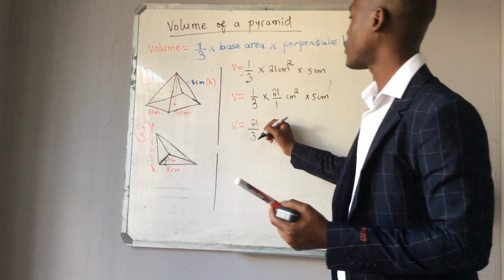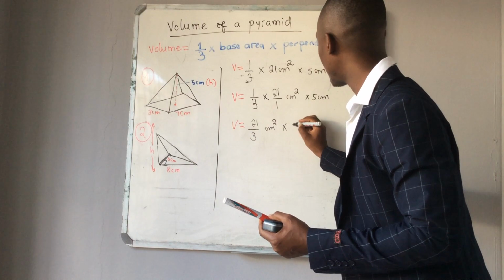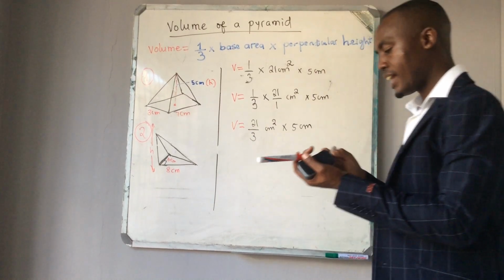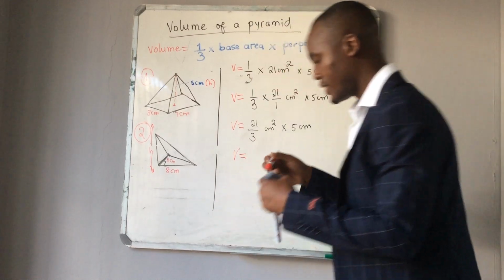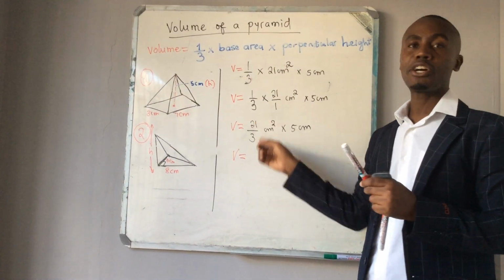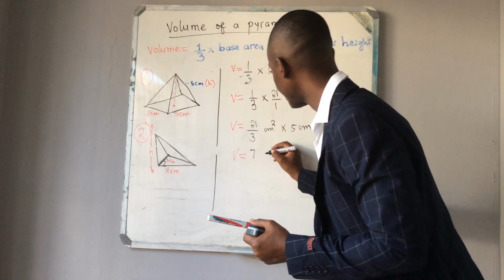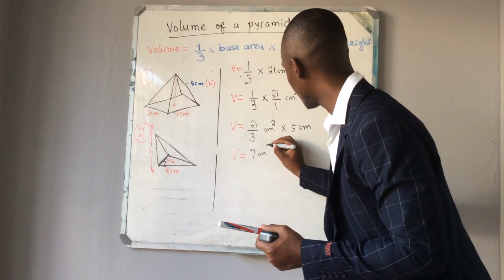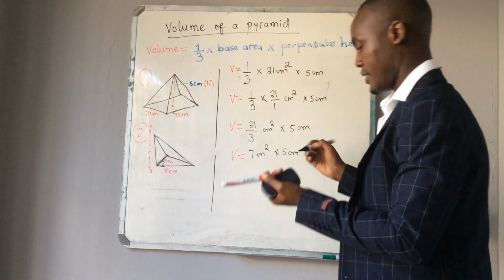So we have 21 over 3, then we have our centimeters squared times 5 centimeters. Now the next step is to divide. You can divide 21 over 3, which in this case is 7 centimeters squared times 5 centimeters.